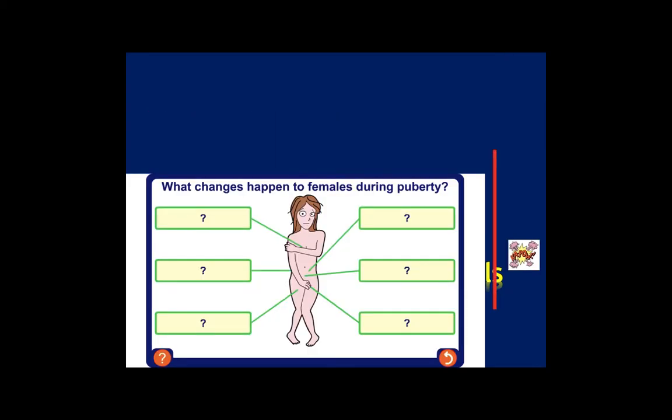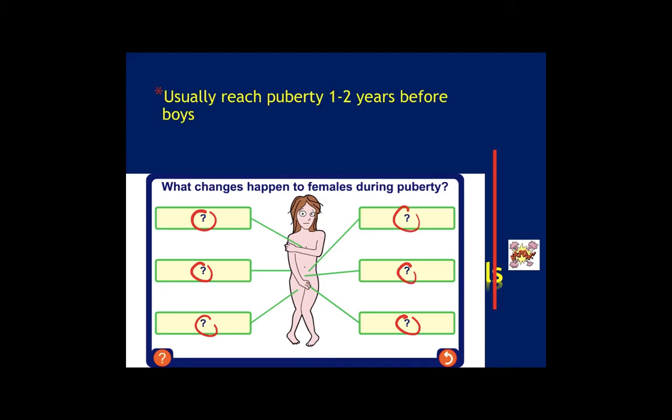So for females, you may have an idea of what the changes are in puberty in females. So females mature physically, mentally, and I would say emotionally way before males of the species. So usually 1 to 2 years before, so ages of 12 on, maybe things start kicking in.